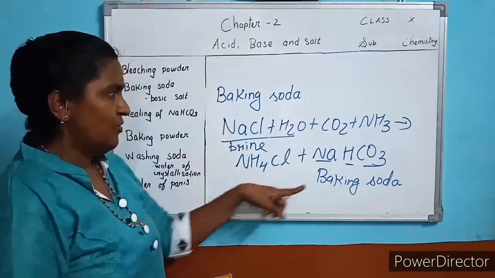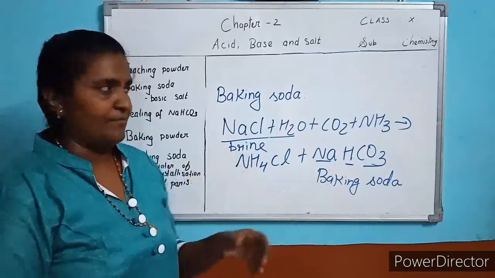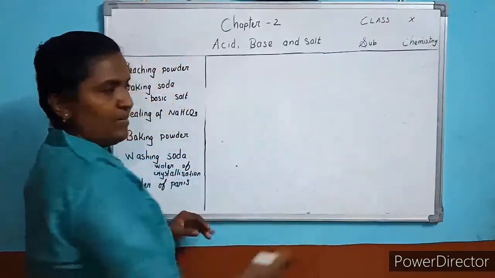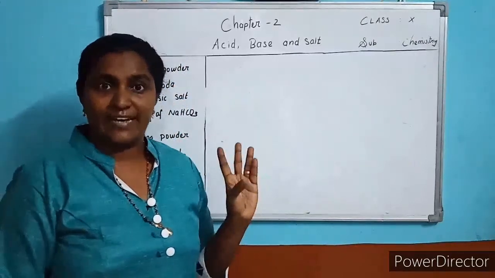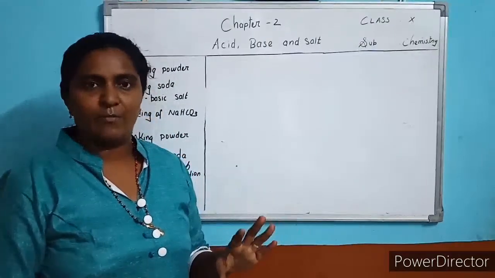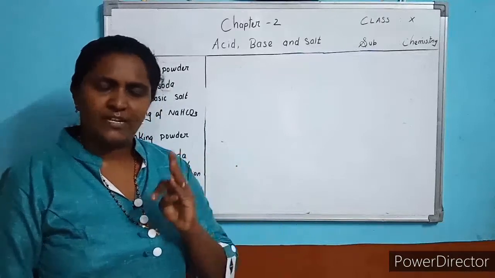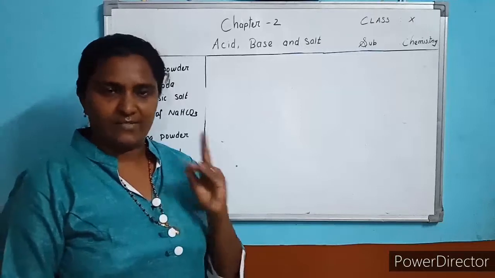Okay. Now, on heating sodium bicarbonate, what will happen? On heating bicarbonates, whatever the reactant may be, maybe calcium bicarbonate or potassium bicarbonate, all the bicarbonates on heating give three products: salt, water and carbon dioxide.